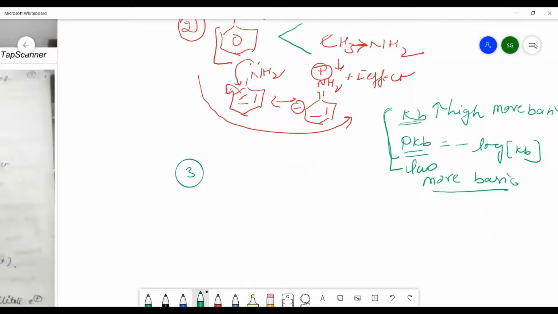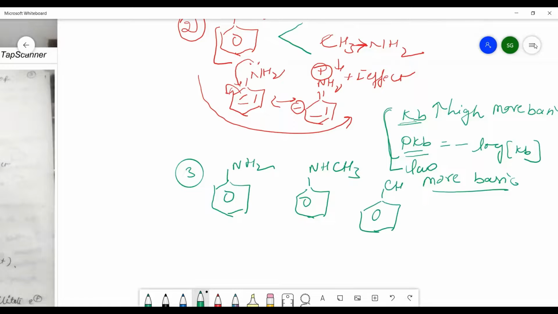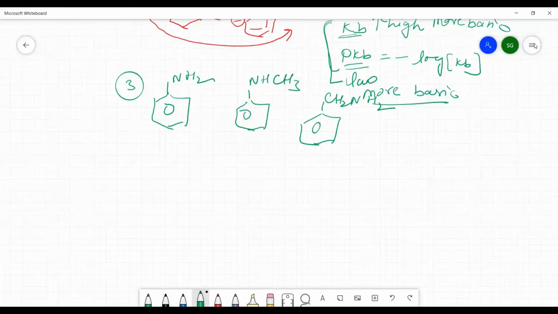Now, if the benzene ring is there, suppose you take N-methyl aniline, aniline, and benzyl amine. This is benzyl amine. If you see the basic nature of these three compounds, you can easily understand that these two undergo resonance, but there is no resonance in this molecule.